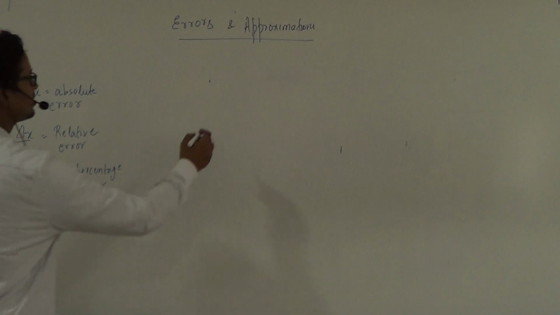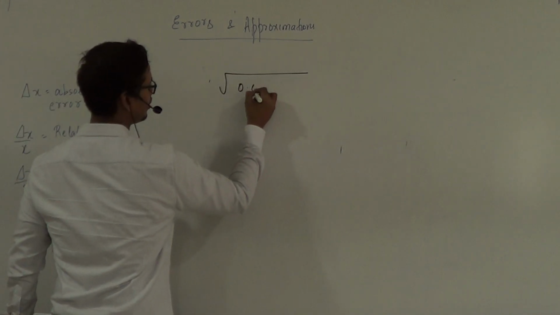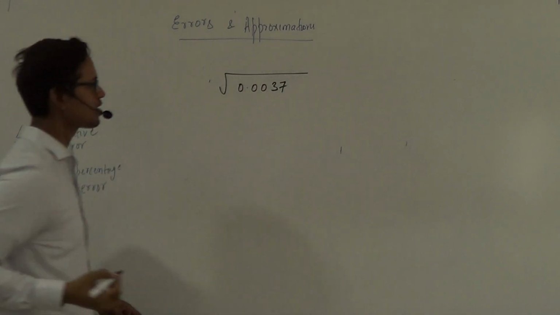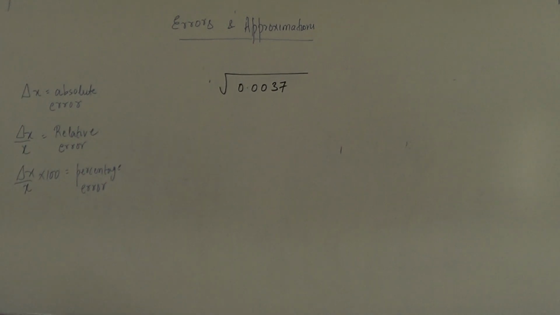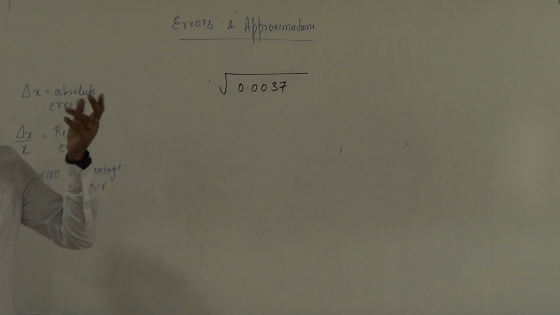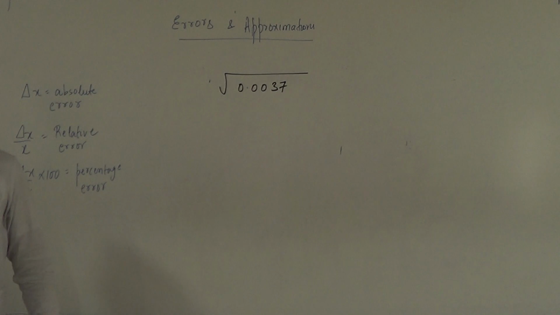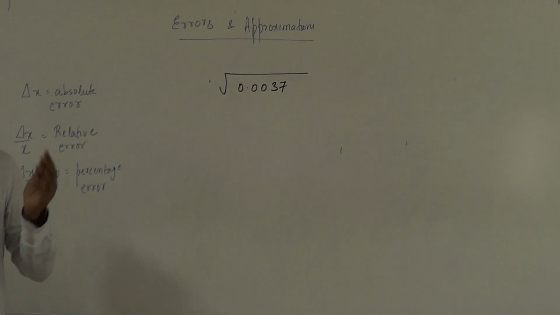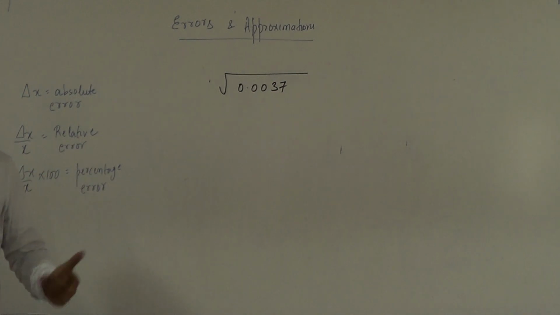Find the square root of 0.0037. They can give you various types of operations, it's not only square root or cube root, they can ask you cos of 60.1 degree. Or they will say log of 4 is this much, what is log of 4.01? So any kind of operation can be made.